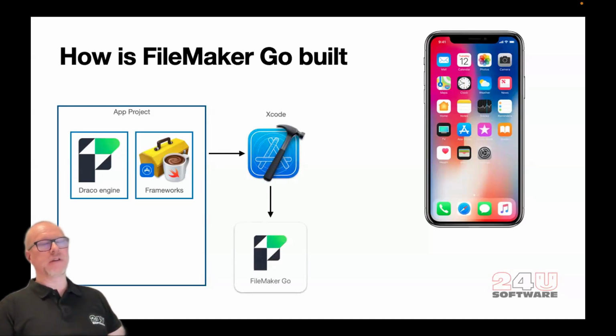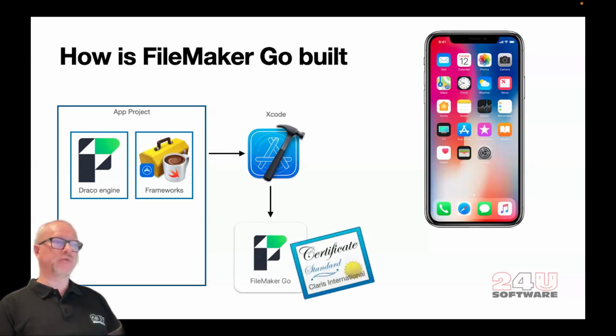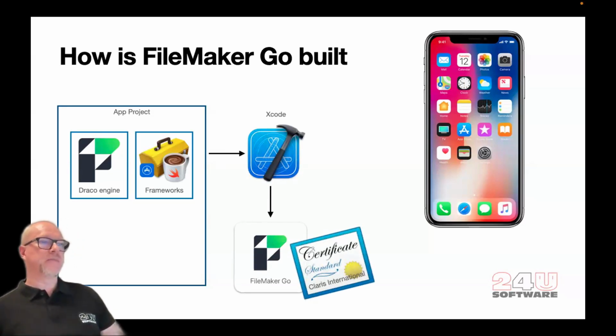Then, because Apple wants this to be safe and wants to make sure that you don't download viruses, it was one of the first companies that started requiring code signing.